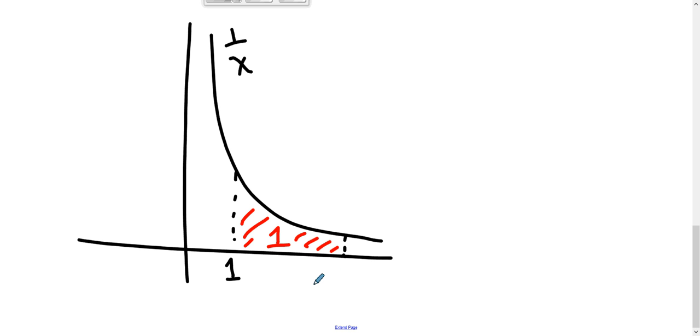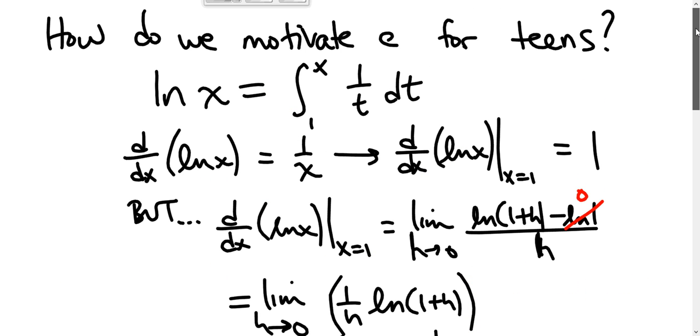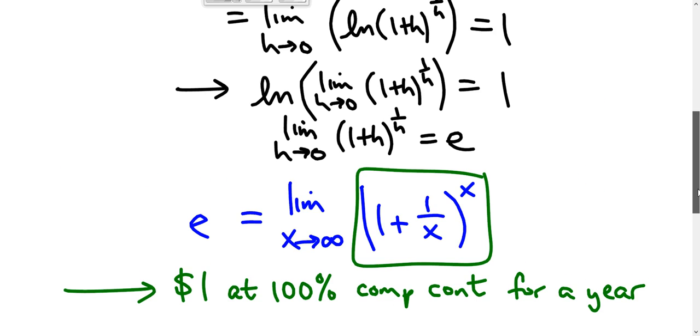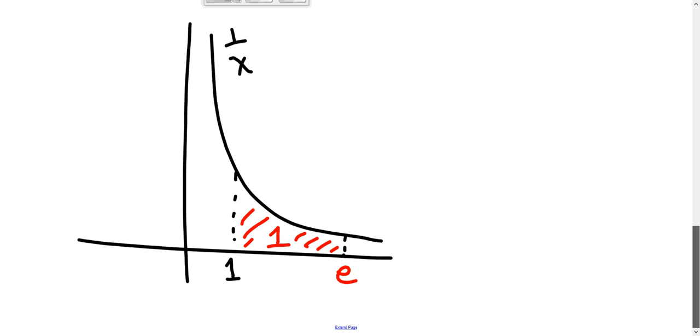It's usually important for us to care about things of area 1, and the way to do that is to make this number e. That's much less satisfying to teenagers. Teenagers are like, well, why did I care about this function in the first place? And then you gotta explain, oh, well, because its derivative makes us do some really nice things later. And they're like, yeah, I don't really care about that.